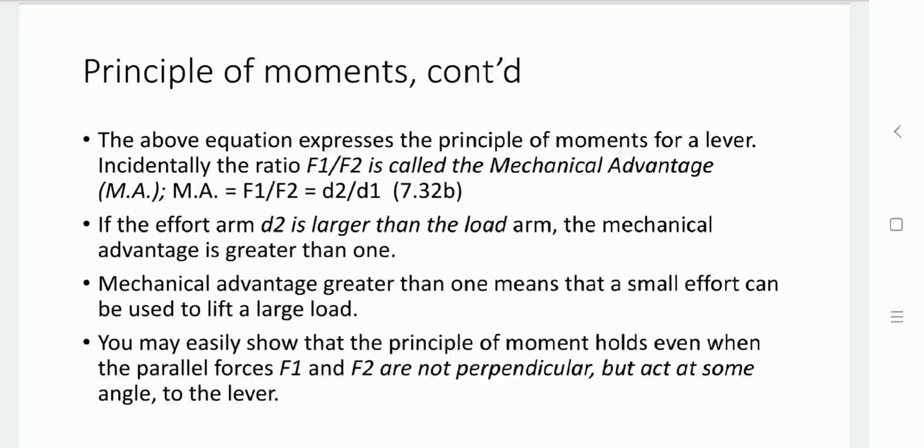A mechanical advantage greater than 1 means that a small effort can be used to lift the load. You may easily show that the principle of moments holds even when the parallel forces F1 and F2 are not perpendicular but act at some angle to the lever.